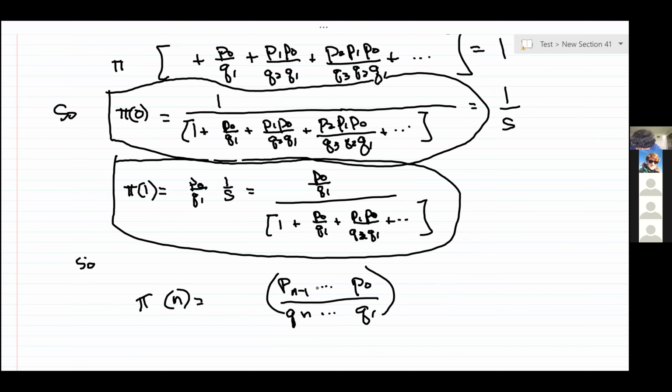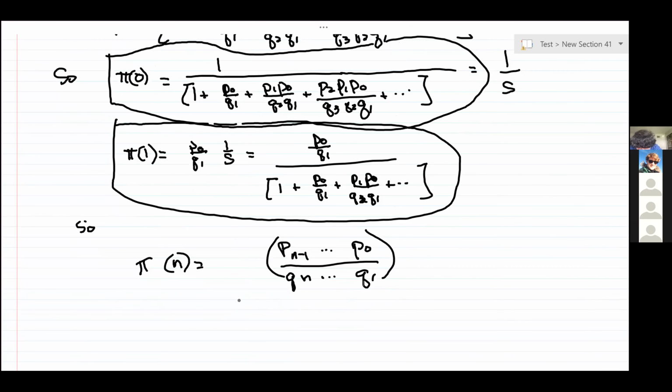All of that stuff times pi 0, but pi 0 we said is this. So the whole formula looks like this.